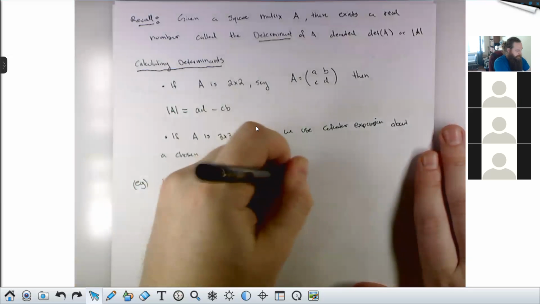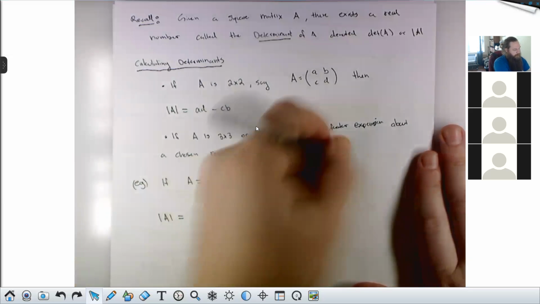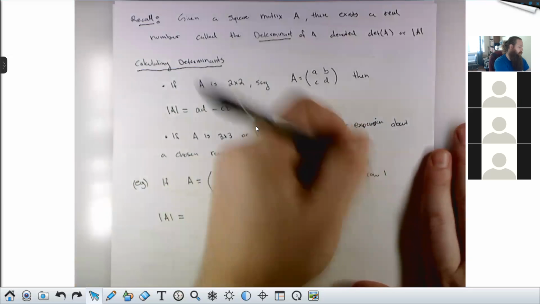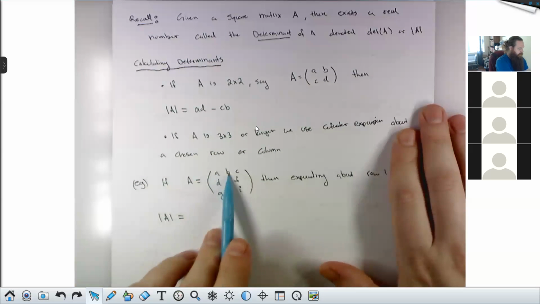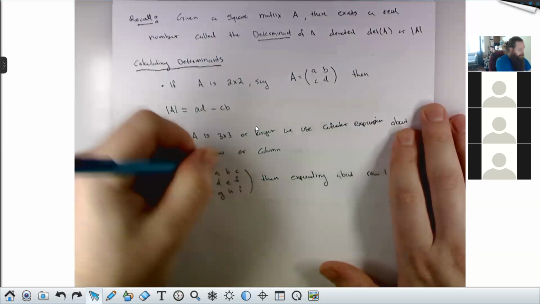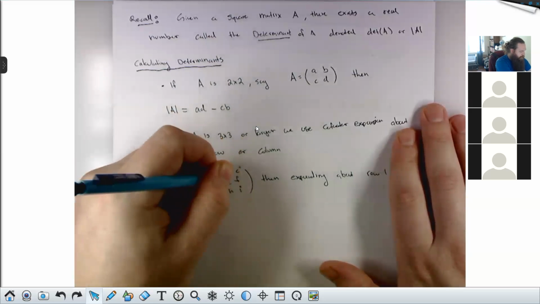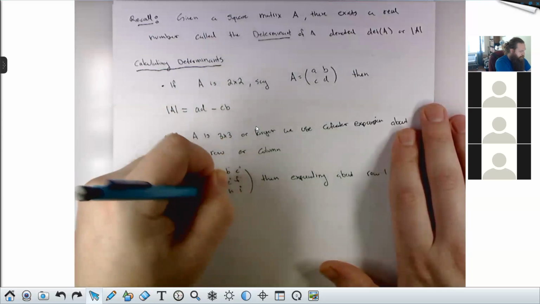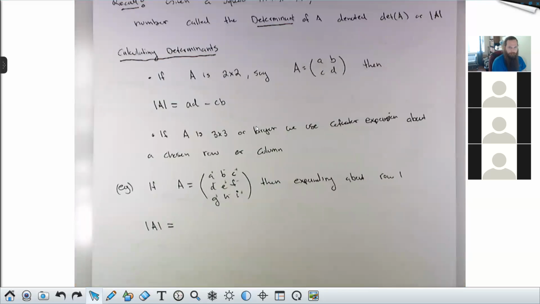So I'll say expanding about row 1, let's say. Here's what you do. You assign to each entry in the original matrix a plus or a minus in a checkerboard pattern. So plus, minus, plus, minus, plus, minus, plus, minus, plus, in this alternating fashion.